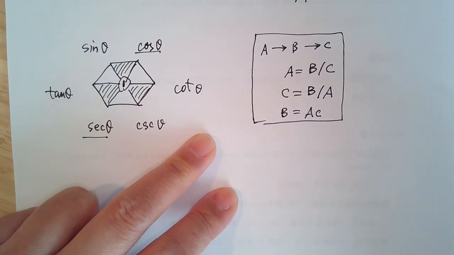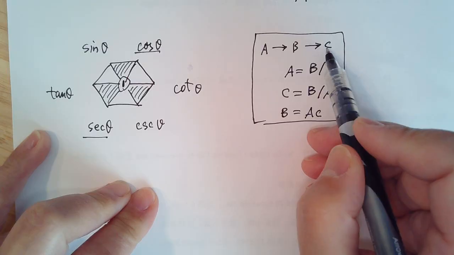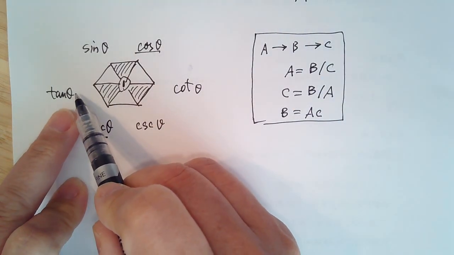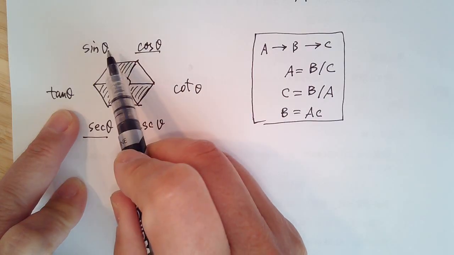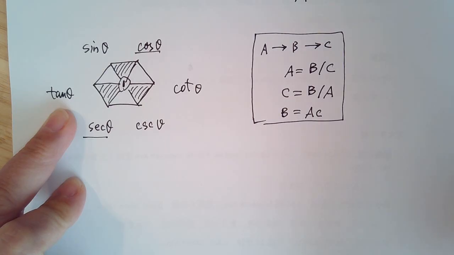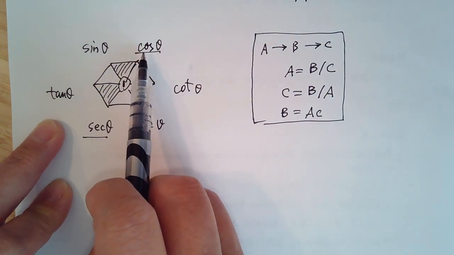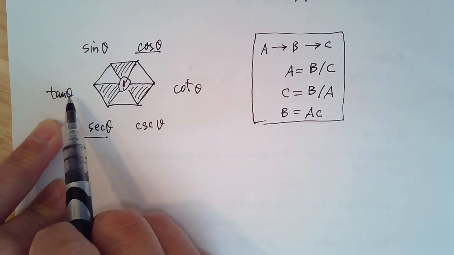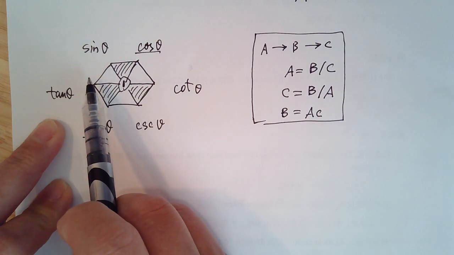Not bad, right? Okay, what does that mean? So A is B over C. Did you see this? Tangent theta is sine theta over cosine theta. So that agrees with what we talked about a little earlier. At the same time, cosine theta is sine theta over tangent theta. So you can not only go this way, you can also go backwards.